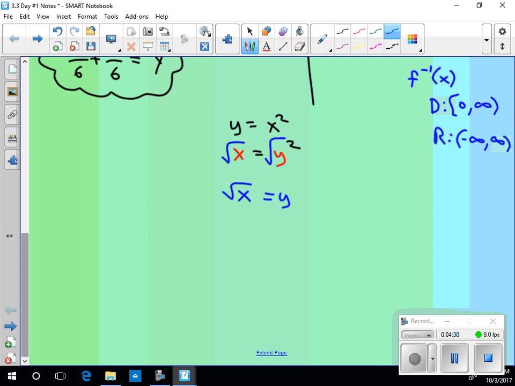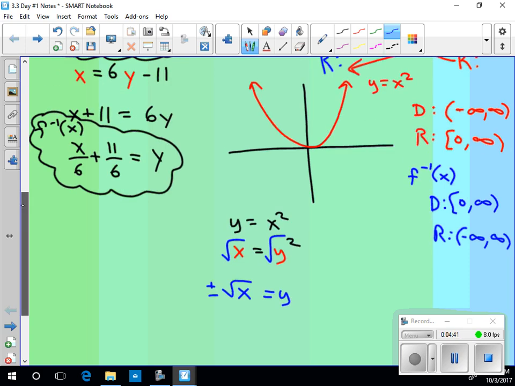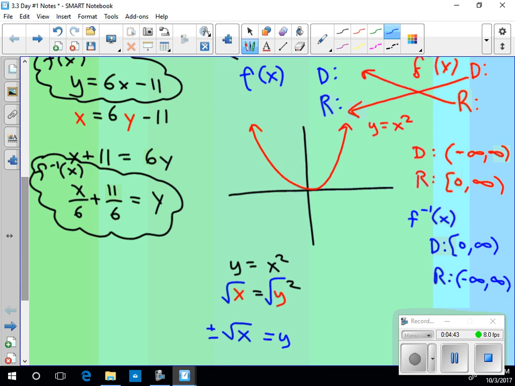Yes, but what else does it equal? The negative square root of x. So let's sketch this. Square root of 0 is 0. Square root of 1 is 1. That point is shared, right? Because 1 squared is 1, and so is the square root of 1. That is the square root of x.